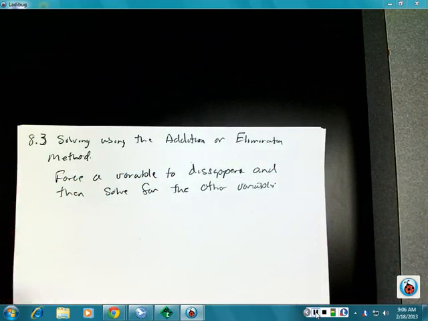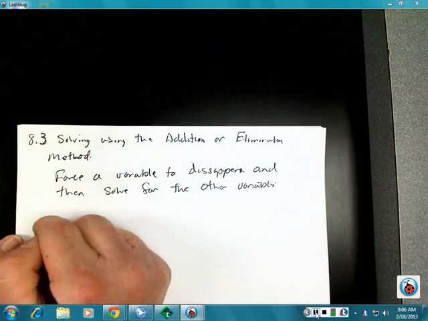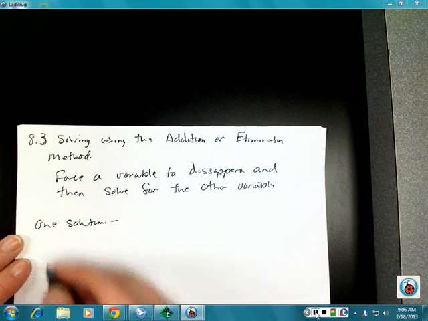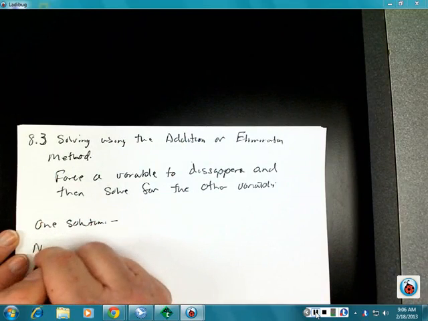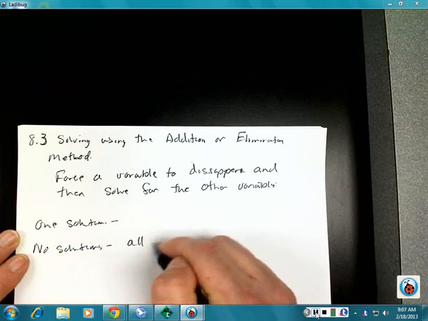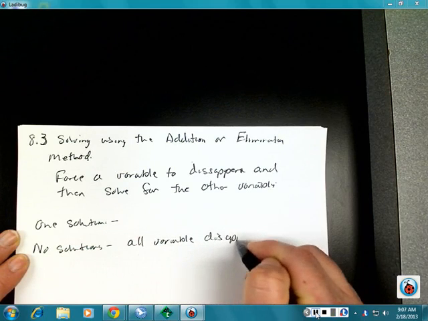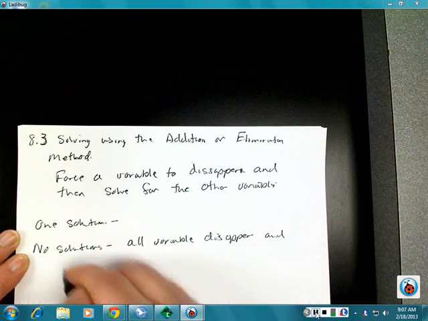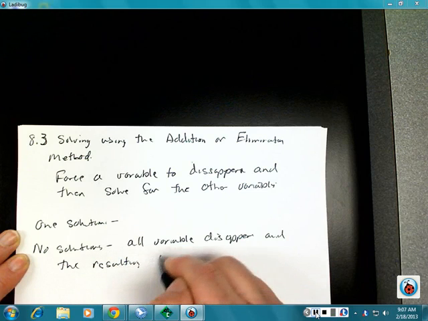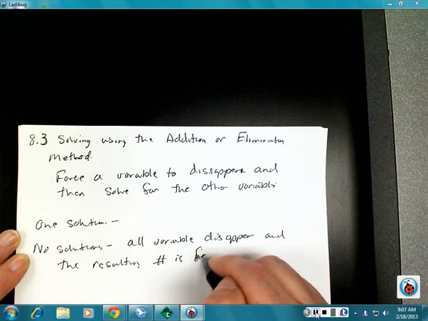Within this system, the same kind of stuff happens. You're going to have one solution, and we know what we have to do with that one. We're going to have no solutions, and in no solutions all variables disappear, and the resulting number is false.